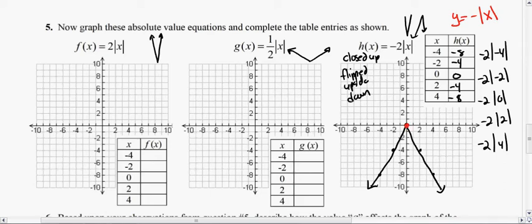They'll start off the same here, but what will happen is I end up with a graph that looks more like this. So you can see by multiplying the absolute value by negative 2, this piece right here, I'm definitely closing the graph up.